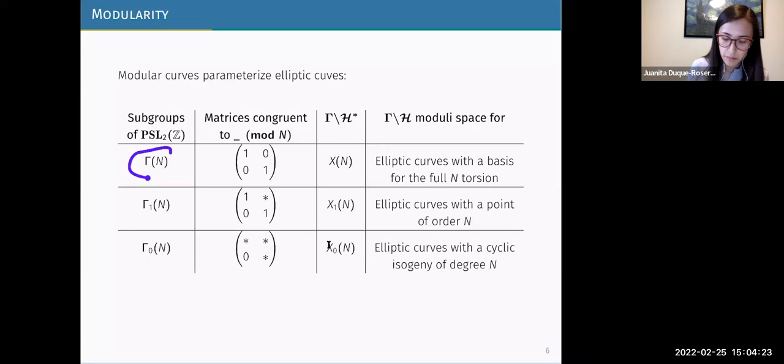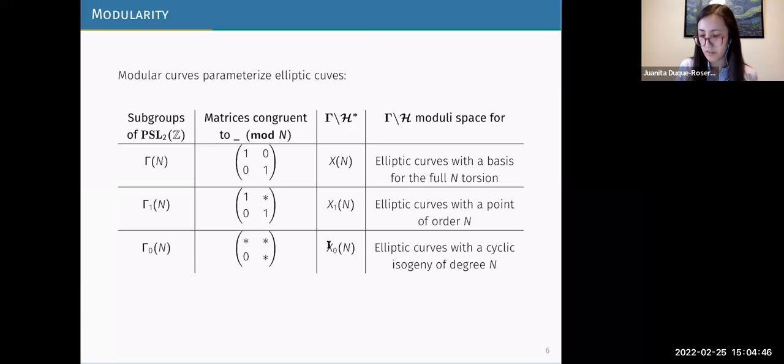So knowing rational points on this kind of curves is knowing elliptic curves that have a basis for the full n-torsion. You can do the same for Gamma_1, so matrices that are upper triangular mod n and have ones on the diagonal, and they give us elliptic curves with a point of order n, so a little bit less than full n-torsion, but it's still pretty good. And then Gamma_0 gives us elliptic curves with a cyclic isogeny of degree n.